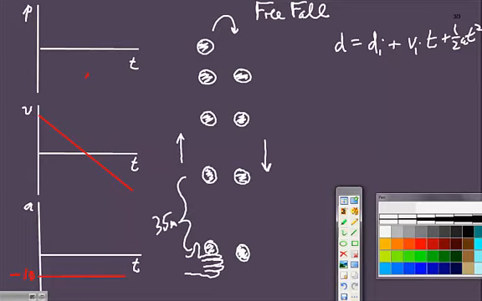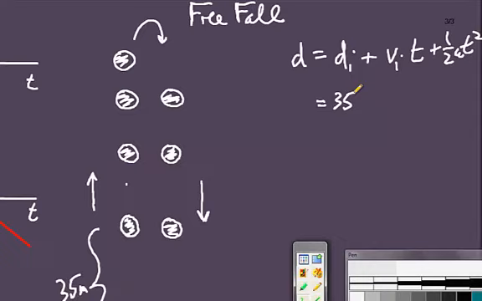What happens in the second, like right here? Well, let's try it. At this point, we know that the object is now at 35 meters. It started at 35, so if you want to start the problem from there, it started at 35, and at this point the ball was no longer traveling at 40, it was traveling at 30 meters a second.